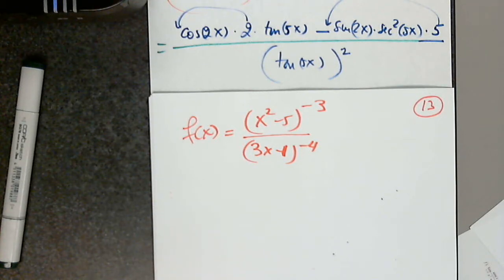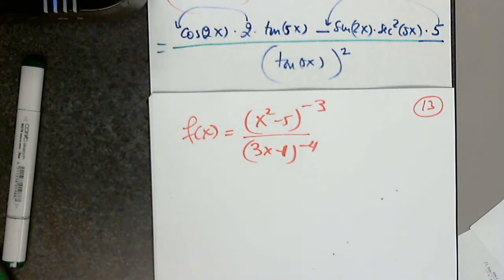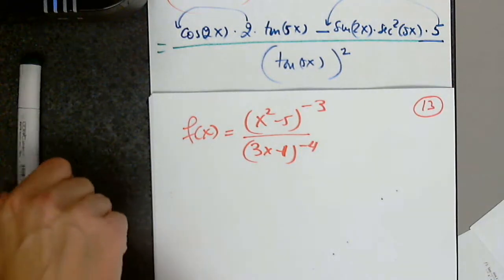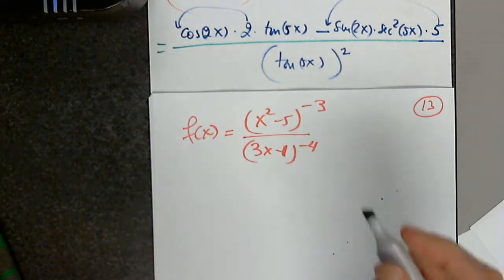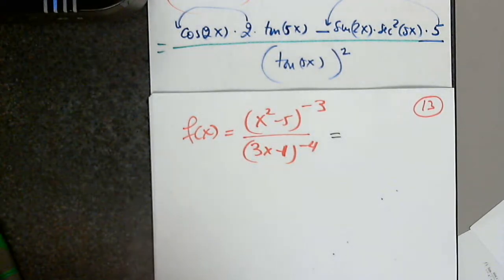I refuse to apply the quotient rule on this problem before I simplify it. Is there any way I can simplify this function? It has negative exponents, top and bottom. I don't want to work with negative numbers. Is there any way I can rewrite it with positive exponents?